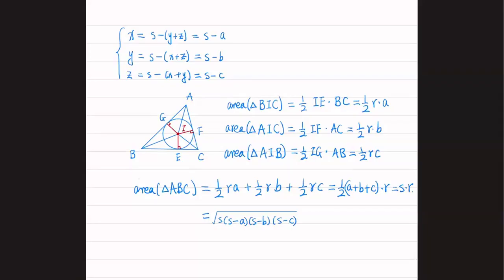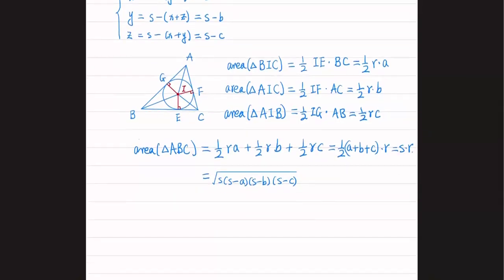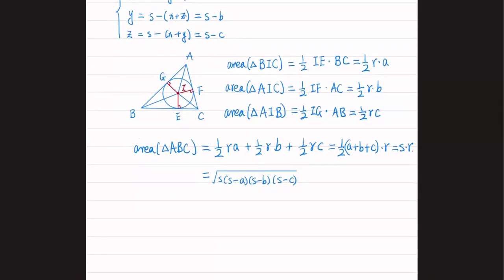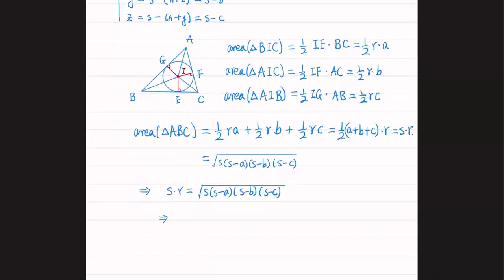Okay, so now we have two formulas for the same area. One is S times R. Two, the Heron formula. These two must be the same because both give us the area. This implies S R equals the Heron expression. So from there, we find the formula for the radius.